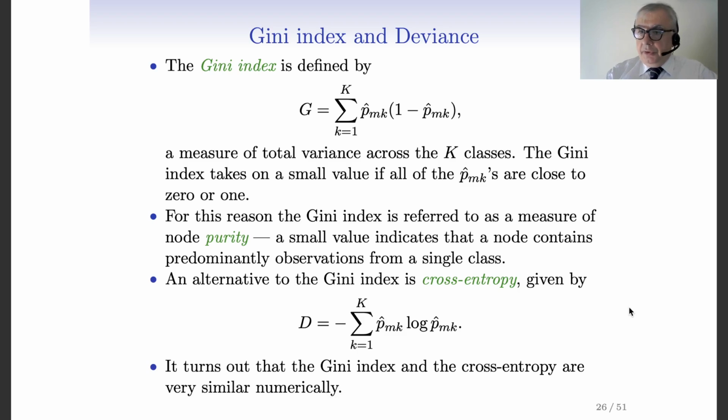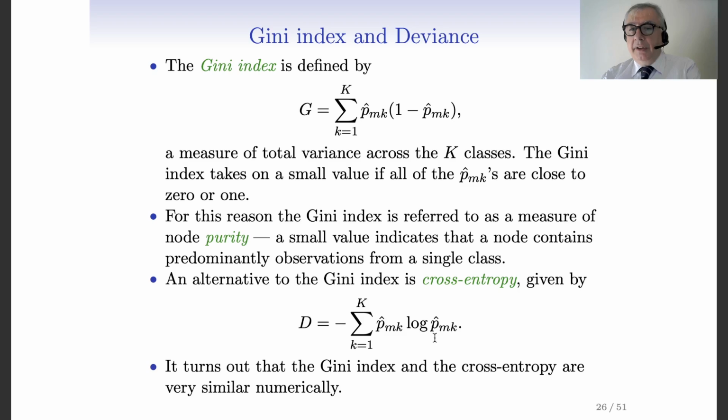An alternative to this index is cross entropy, which is given by this other definition. So in this case, you have minus the sum of the p hat log p hat. It turns out that though different, they work in quite a similar way.